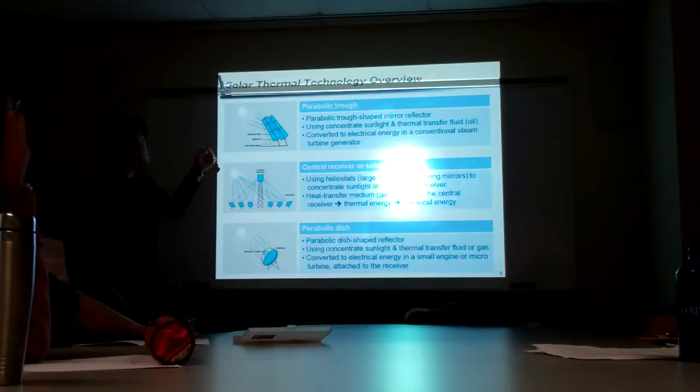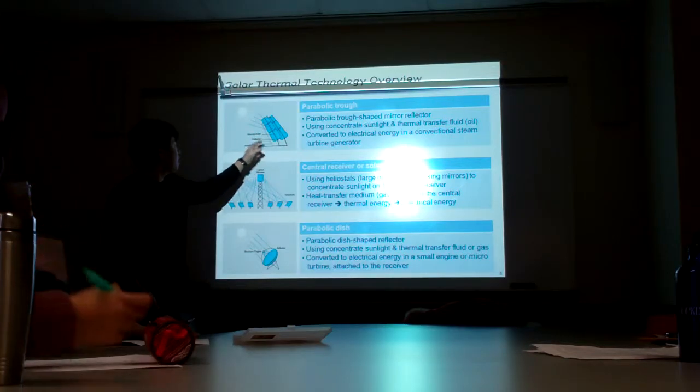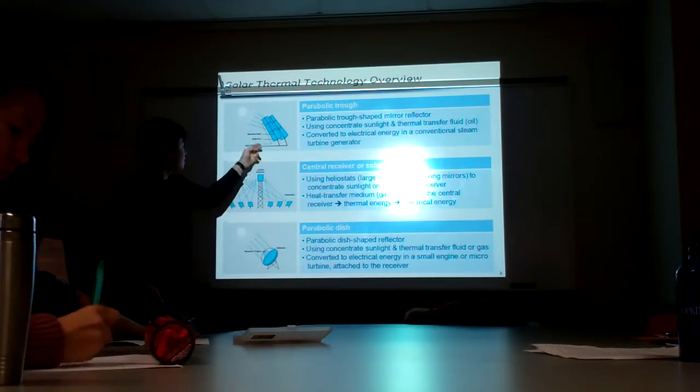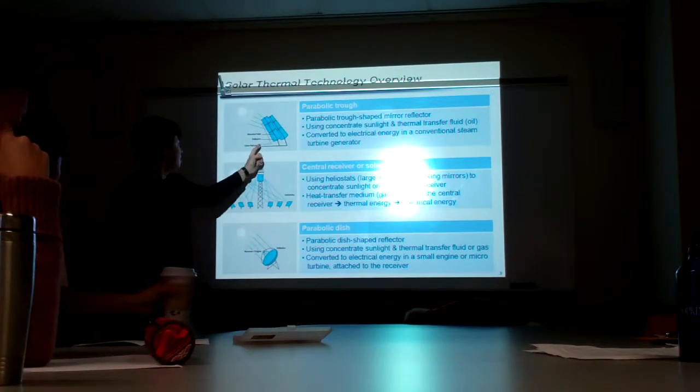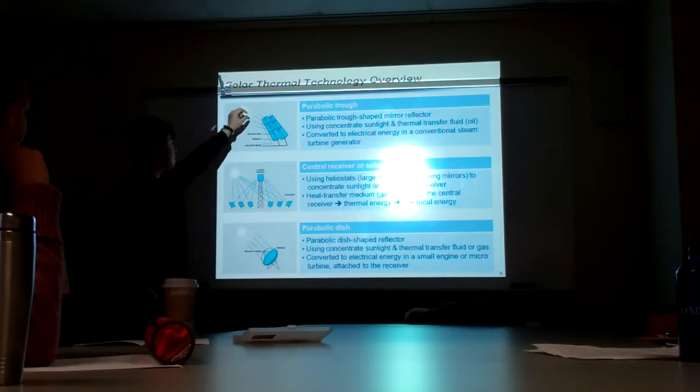So the first one is the parabolic trough. It has a parabolic safety mirror, and the light comes to the mirror and goes to the central pipeline. So this is concentrated thermal energy.